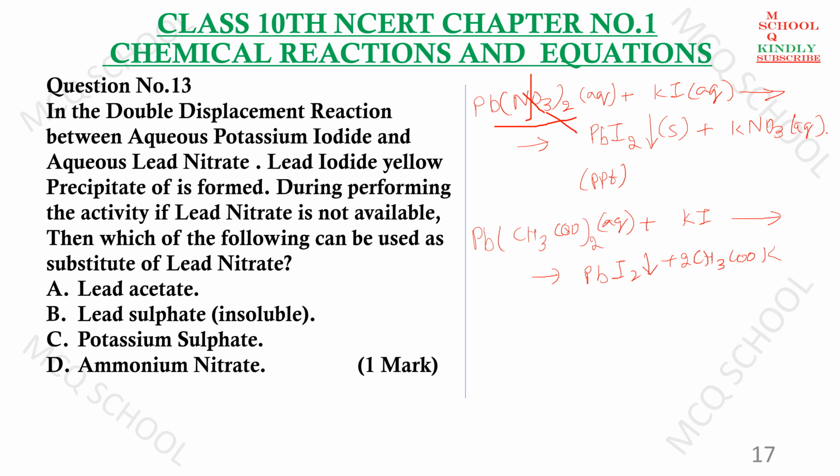Lead acetate can replace lead nitrate. On reaction of lead acetate with potassium iodide, we get lead iodide plus potassium acetate. In this, the same precipitation of lead iodide is formed, same as in the last case.